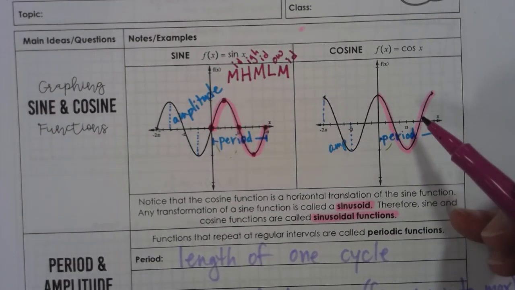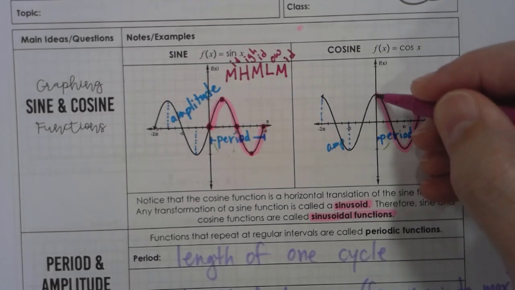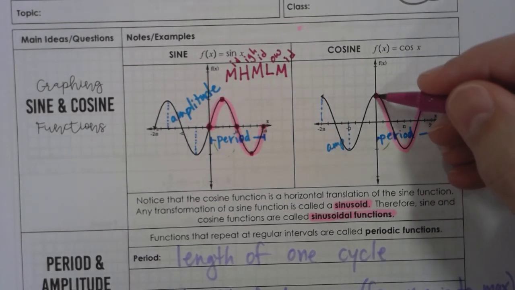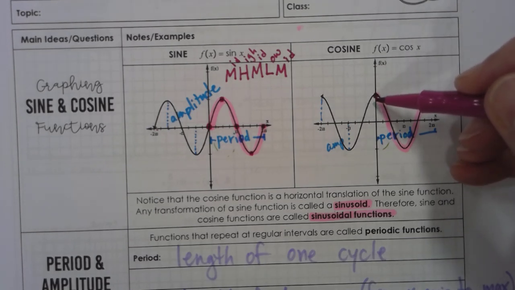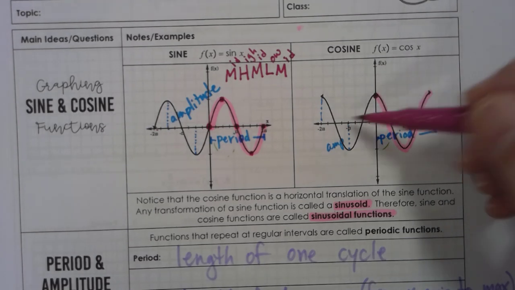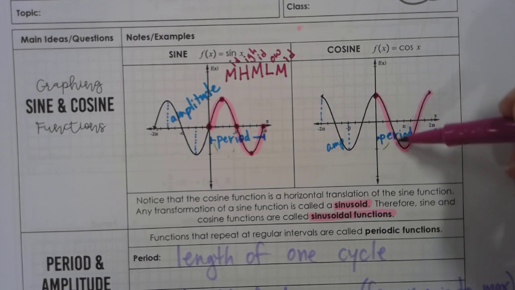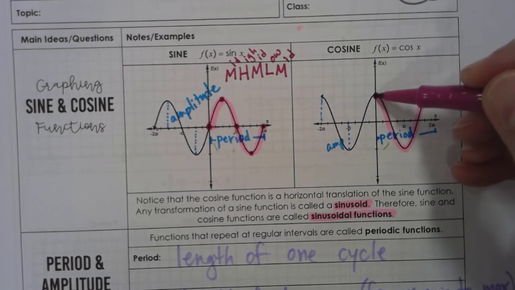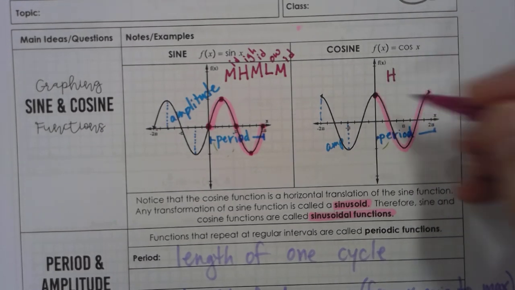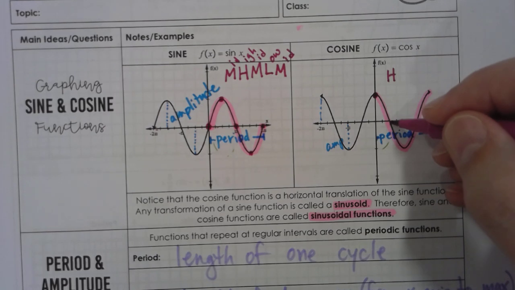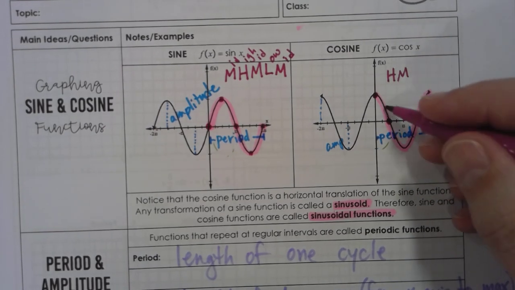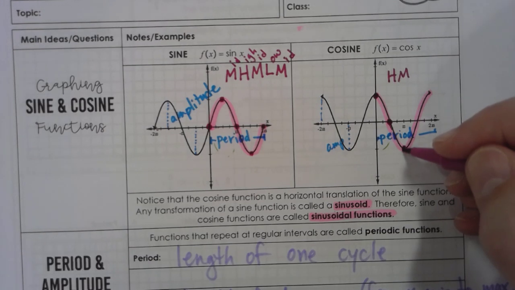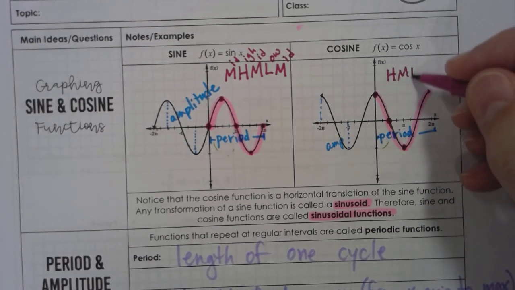So what's the cosine going to do? Where is this point in relation to our curve? It's at the highest point. So it's going to start high, then it's going to cross the x-axis, which is a middle, and then it's going to go down here to a low point.